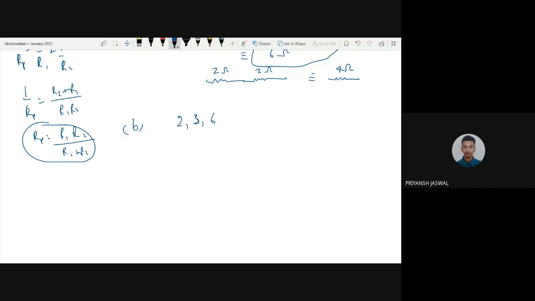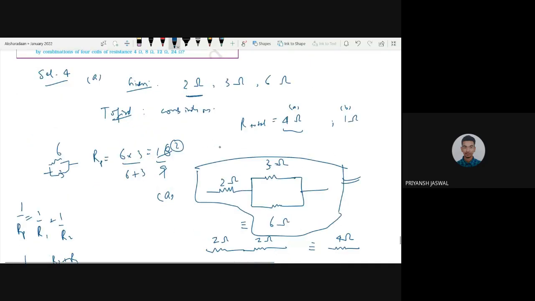Let me tell you also how I did here. So see, we had to make 4 ohm. So 2 ohm was already there. If we add 2 ohm to it, then we get 4. So I was checking if the parallel of these will give 2 ohm, and that worked. Other way around, if we put 3, then the parallel of 6 and 2 should be 1.